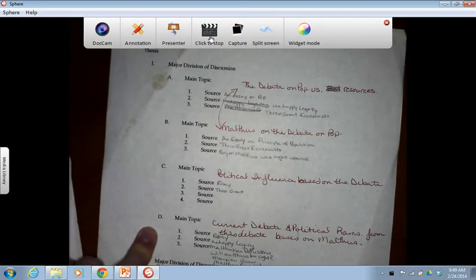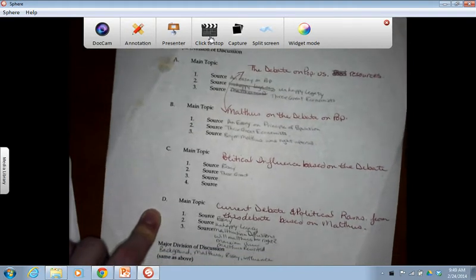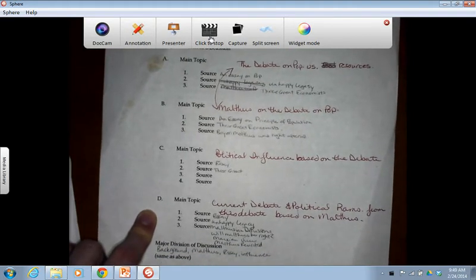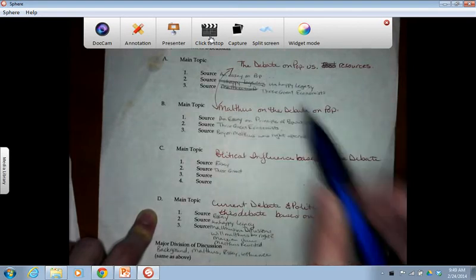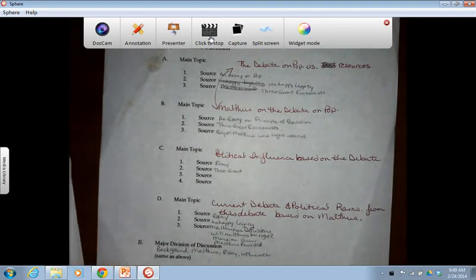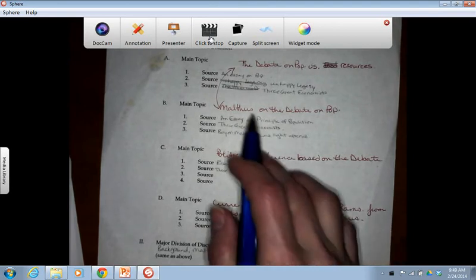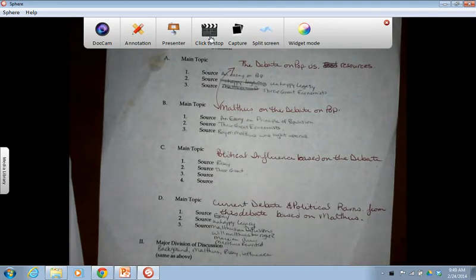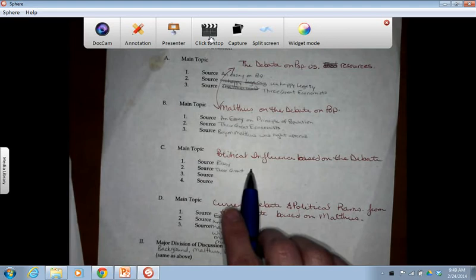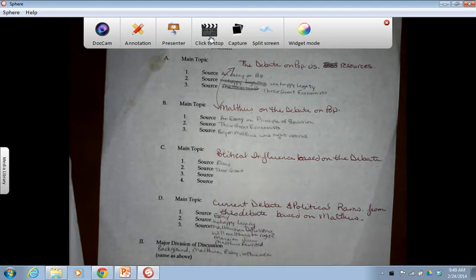It's up to you. But my different topics I could divide my information into. So I've got the debate on population versus resources. I've got Malthus's comments on the debate, the political influence that he had on it, and then current issues on the debate that I could divide all the information into.